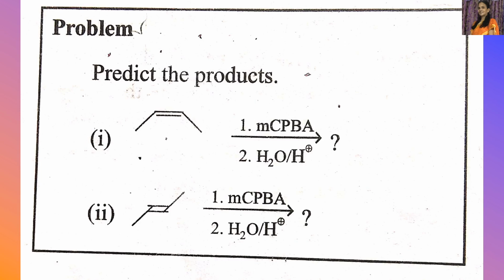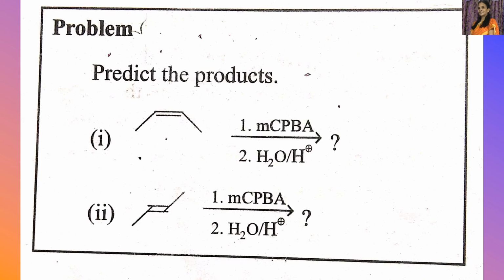To this, if we add mCPBA, metachloroperoxybenzoic acid, what is its function? It is a peracid. It adds two OH groups to the alkene in the trans manner.